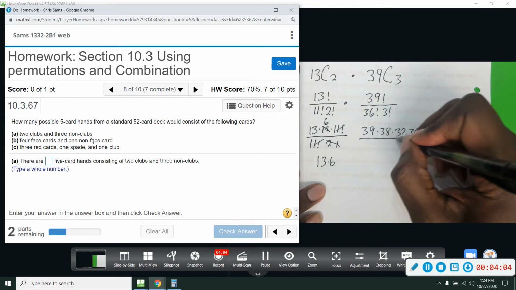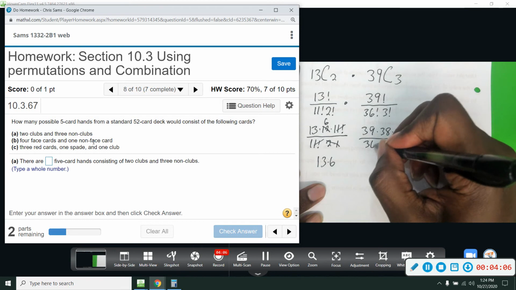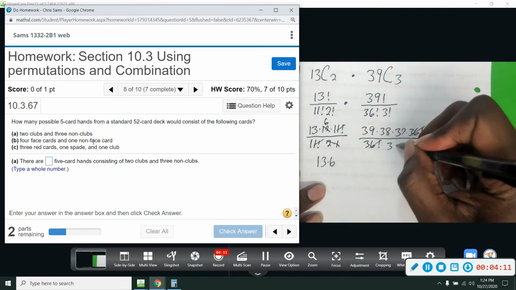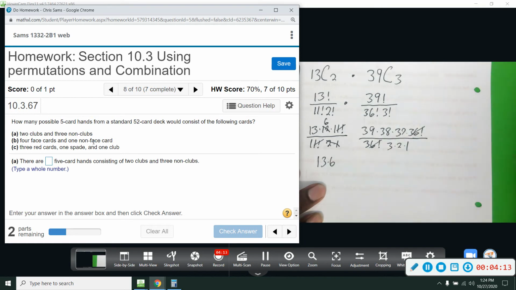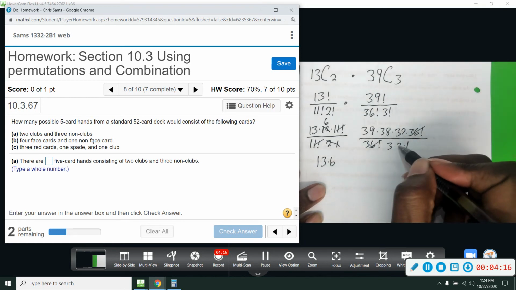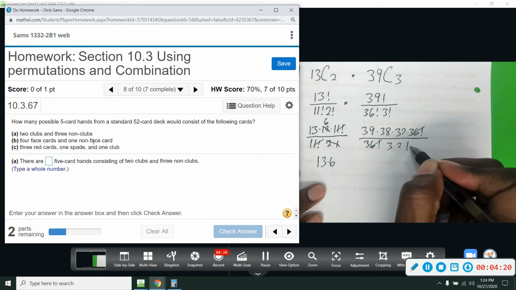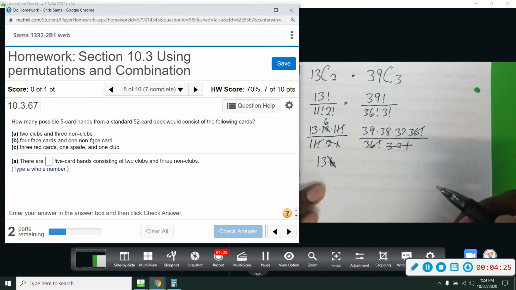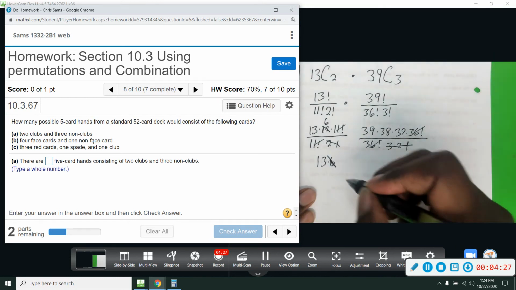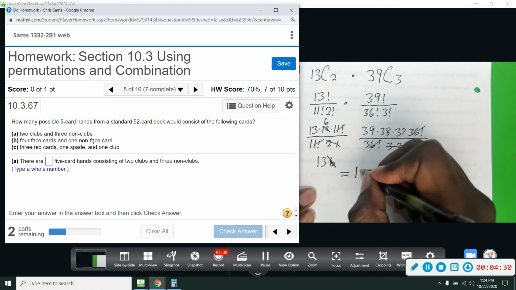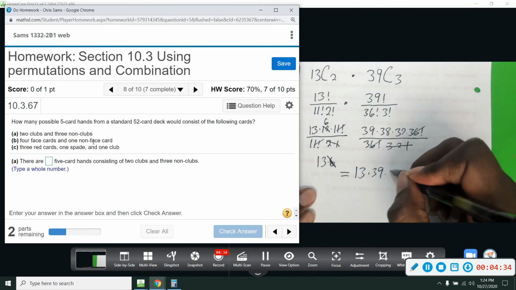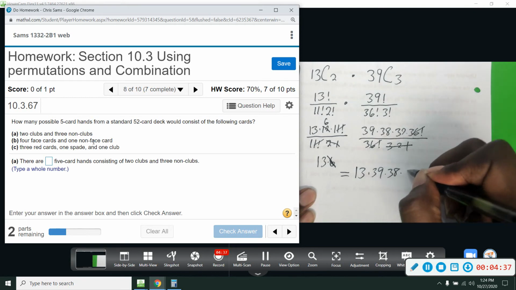We're going to stop because we got a 36 factorial down here. Those will divide out, and then we have 3, 2, 1. So look, 3 times 2 times 1 is 6. It's on the bottom. This 6 can get rid of this 6 on the top. So at the end of the day, we're just left with the 13 times 39, 38, and 37.